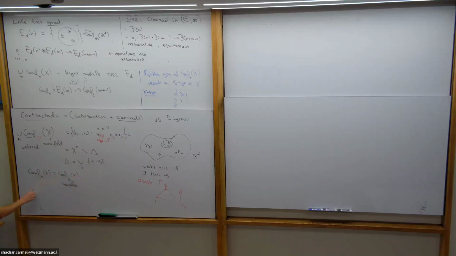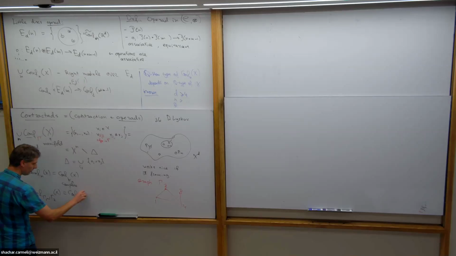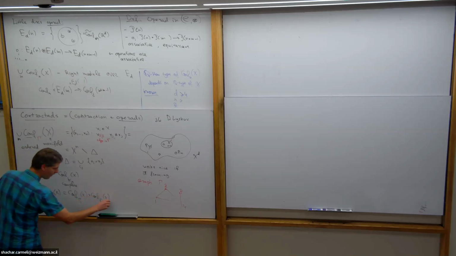And also if you have a disjoint union, if your graph is disconnected, then the corresponding configuration spaces do not know anything about each other. So this is the product Conf gamma 1 of X times Conf gamma 2 of X.